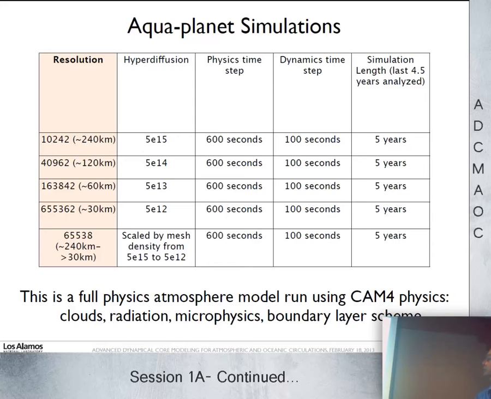And for the scaled mesh, the local viscosity takes on the value based on the local grid spacing. And all the other parameters are exactly the same. And the other thing to point out here is that this is a full physics CAM4. So the forcing, the boundary is idealized, but the physical parameterizations are exactly what was used in IPCC assessment reports from this model.